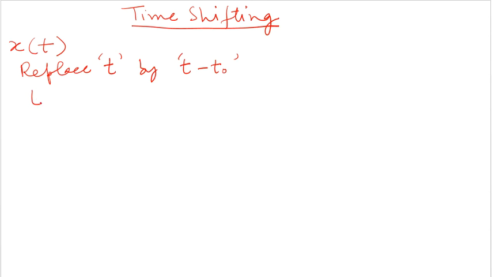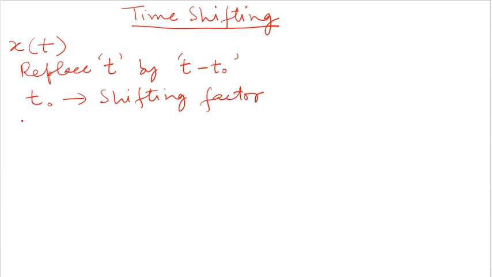Now this t naught is the shifting factor, and the type of shifting will be determined by the value of t naught.